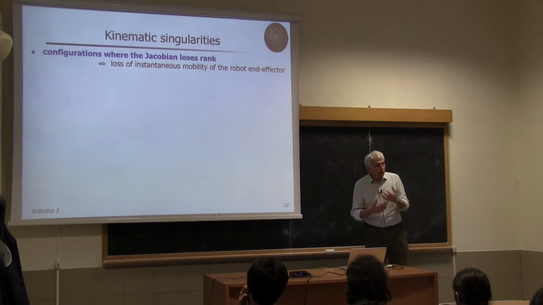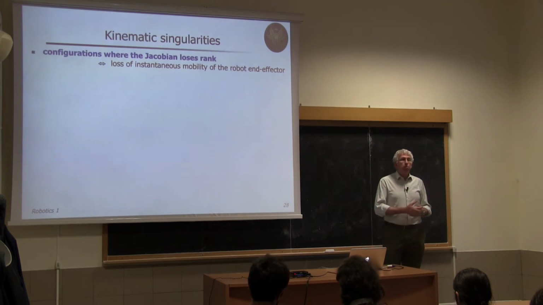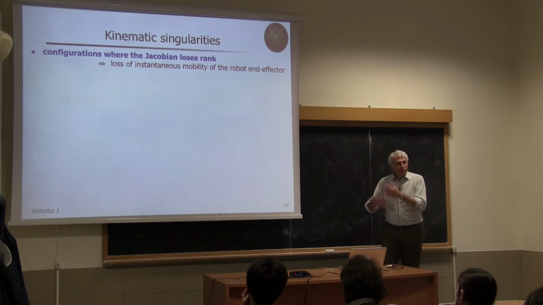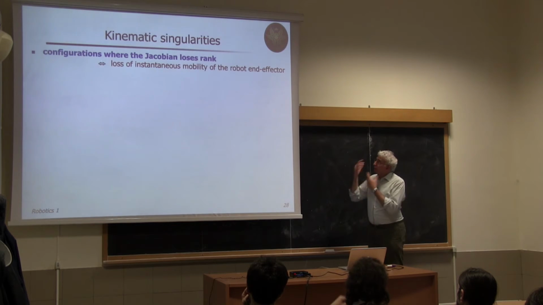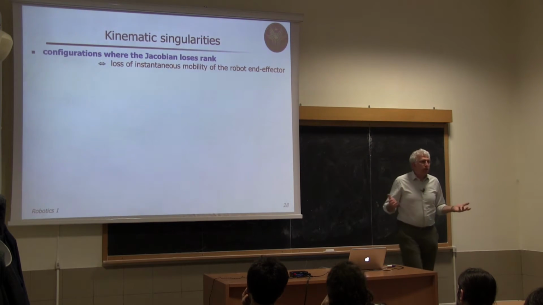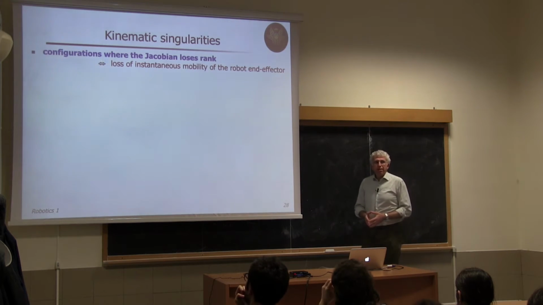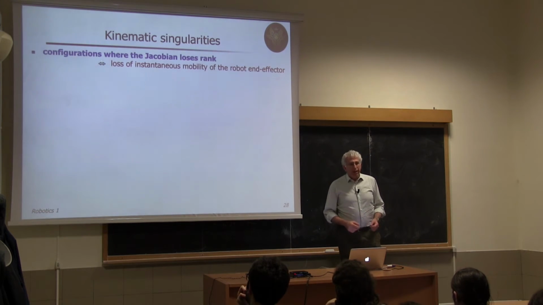Of course, if we change configuration by giving some motion in the joint space, so some joint velocity, we will change the configuration and then we may escape from a singularity and recover full mobility of the end effector. We will do this today to a large extent.